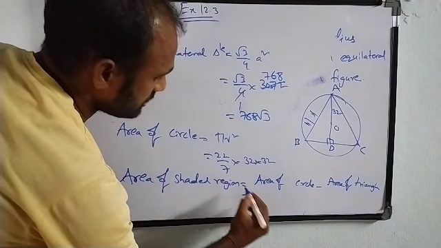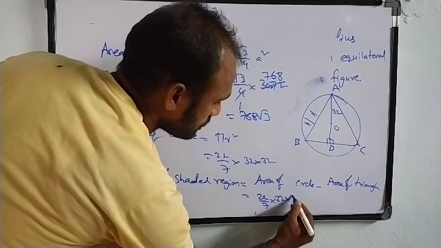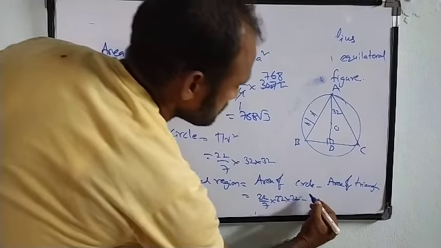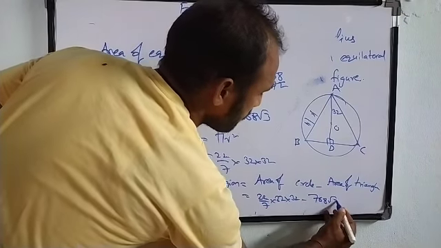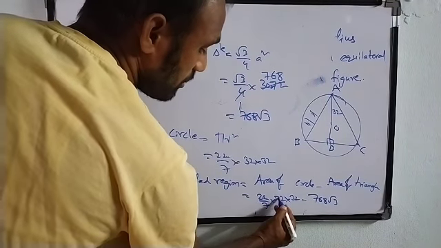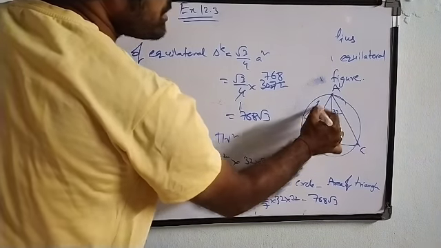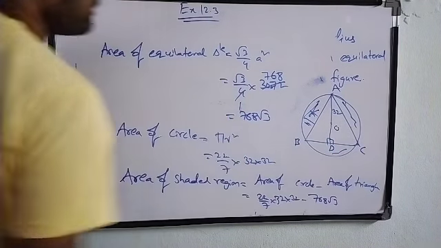So area of circle is 22 by 7 into 32 into 32 minus 768 root 3. Since we cannot do further simplification, we can keep it up to here. So this is the area of the shaded region, this total shaded region area we have found.